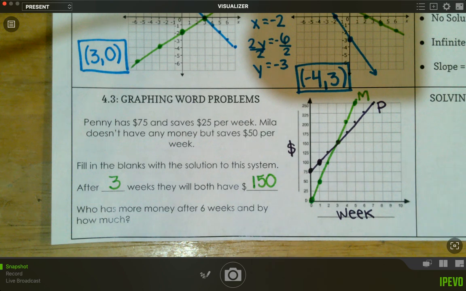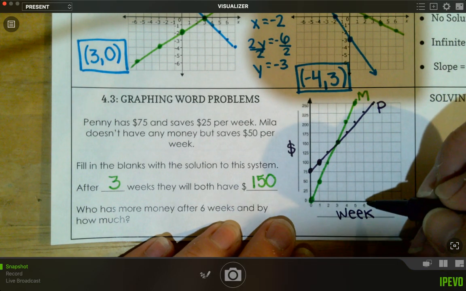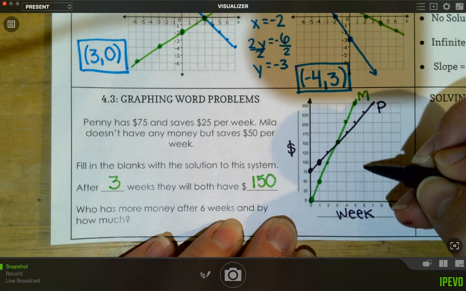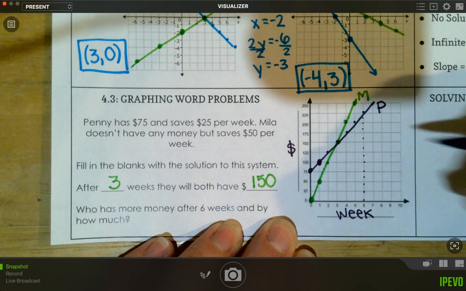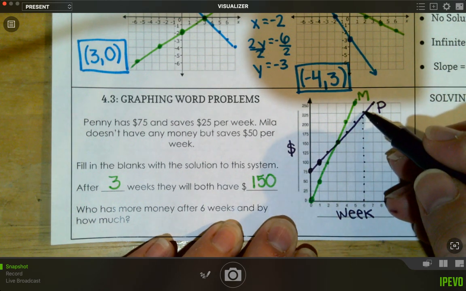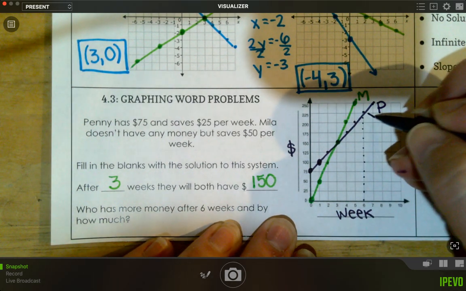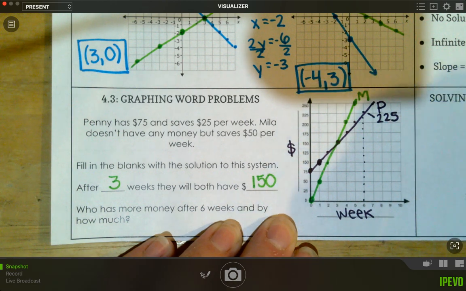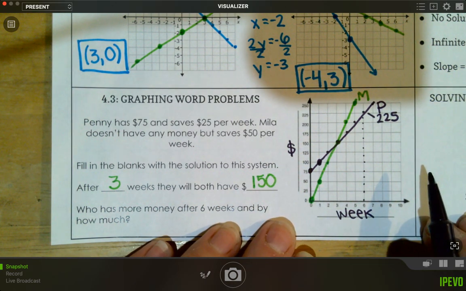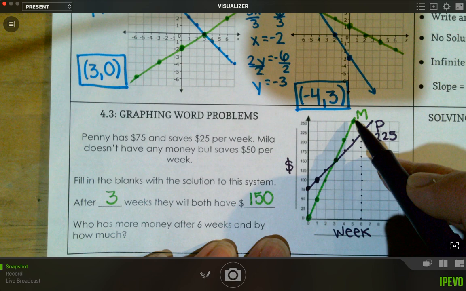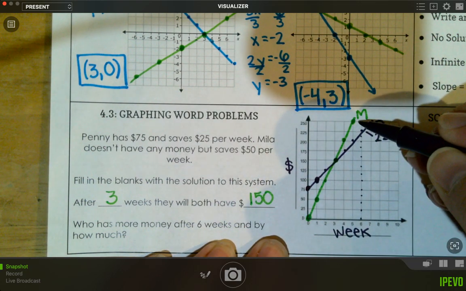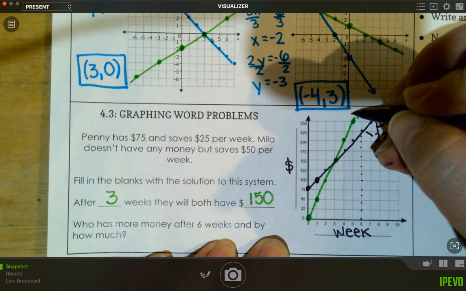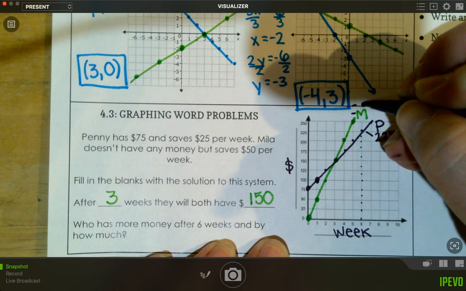Then it says who has more money after 6 weeks and by how much. So I'm going to come over here to 6 and I'm going to look up. Okay, so Penny is at 225. And we're going to have to do a little bit of mental math here because Mila's line isn't quite there. She's at 250 and she's going up 2 over 1. So she would go up 2 more spaces over 1.